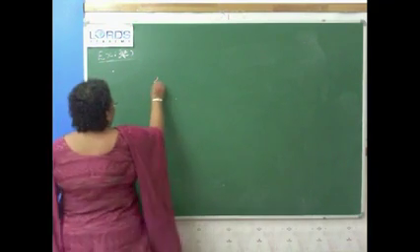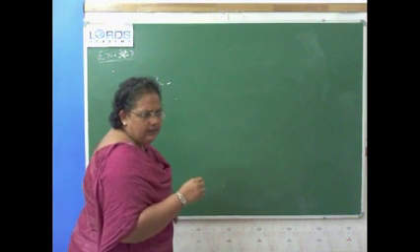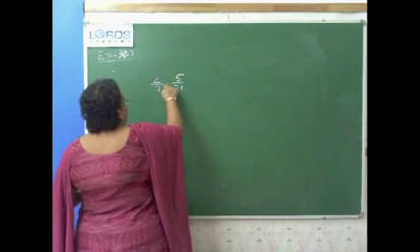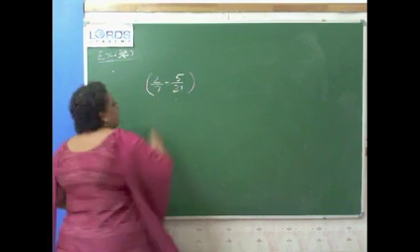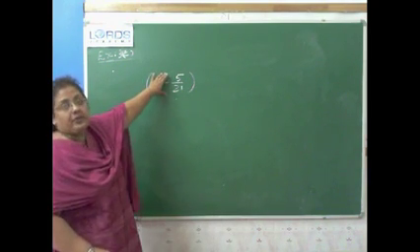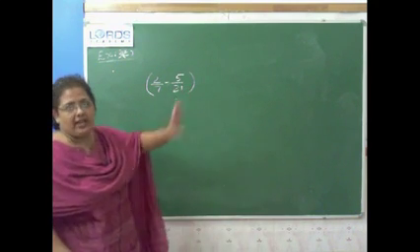Okay. It is given as, this is the first one given, 2 by 7 minus 5 by 21. This is the fraction that you have to subtract from the added 3 fractions.